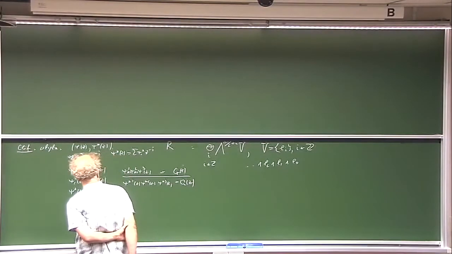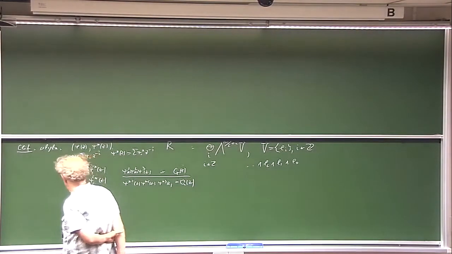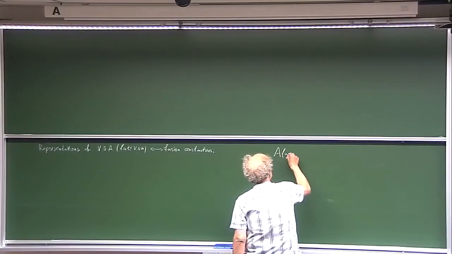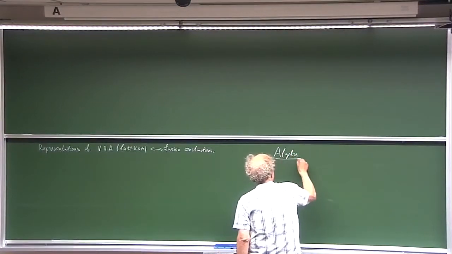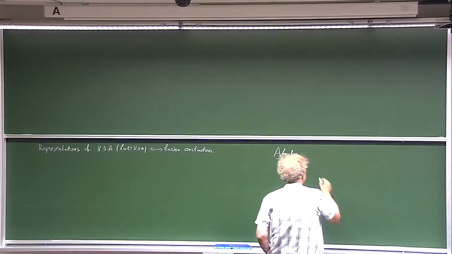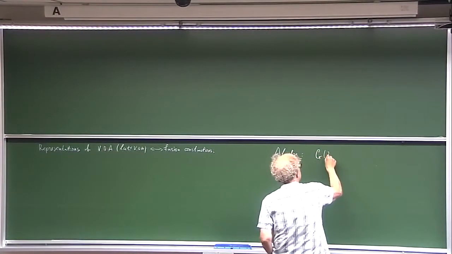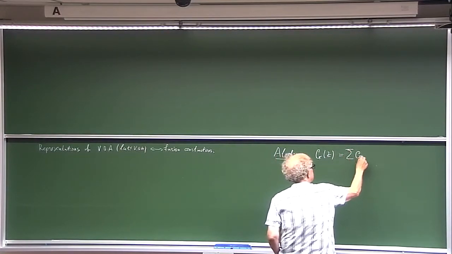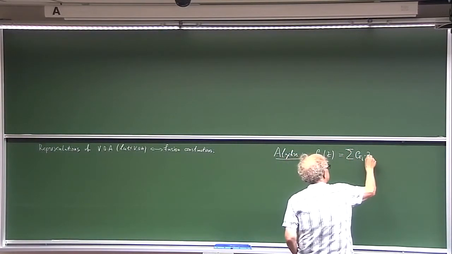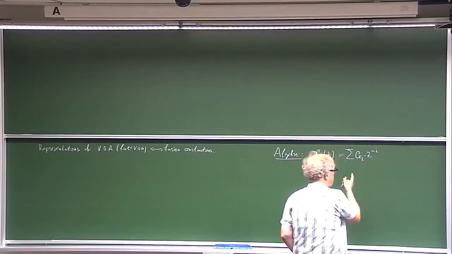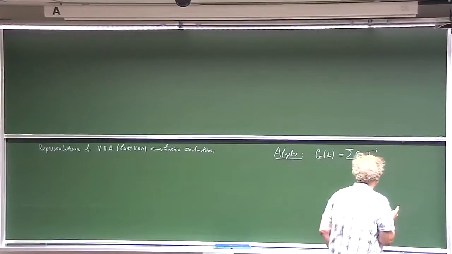So what is going on, as I said? We have some algebra with such generators, and let us consider G(z). G(z) is the sum of G_i z^(-i), and what is G_i?